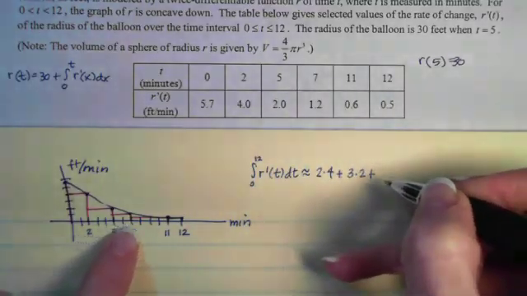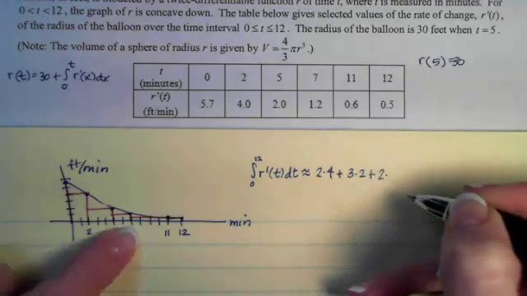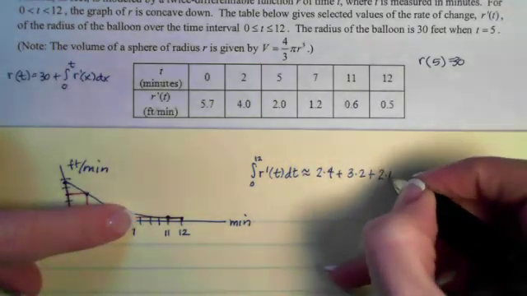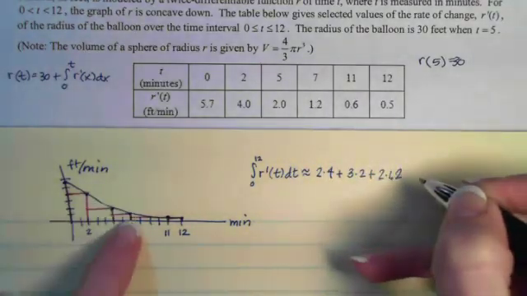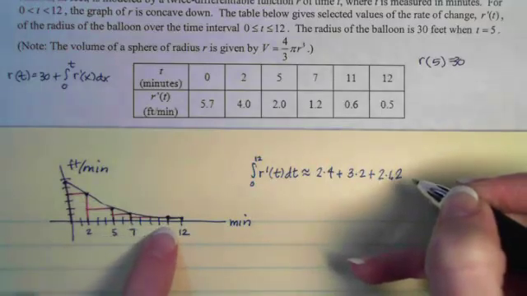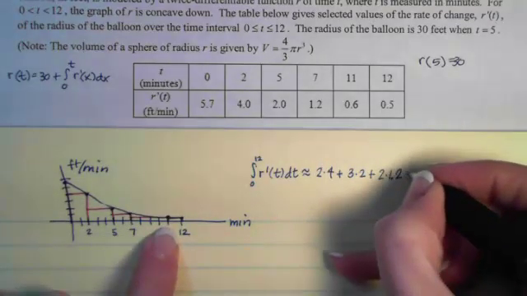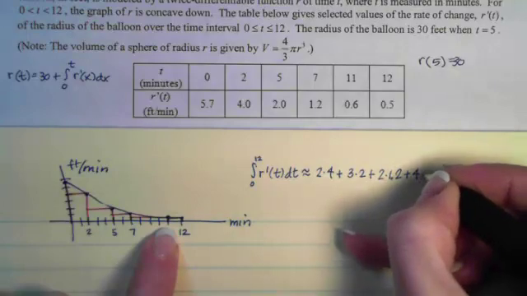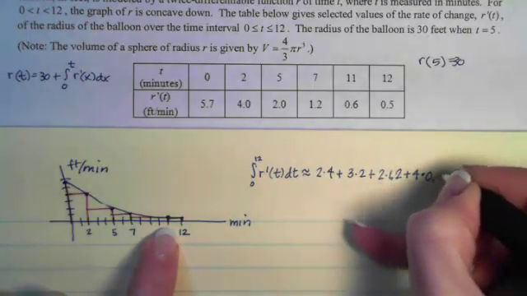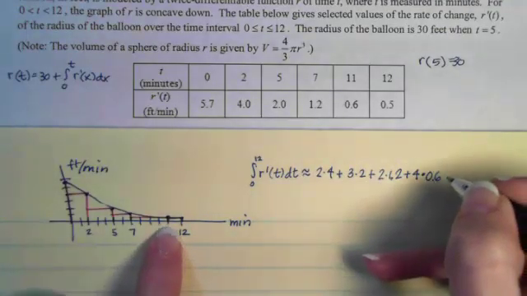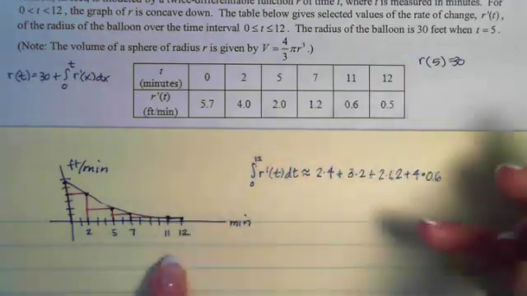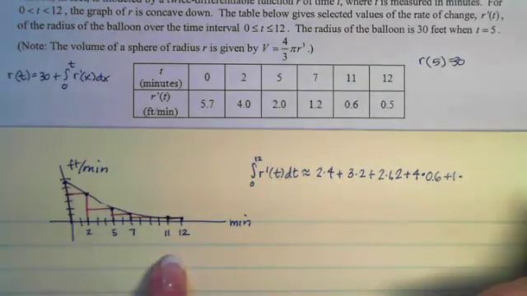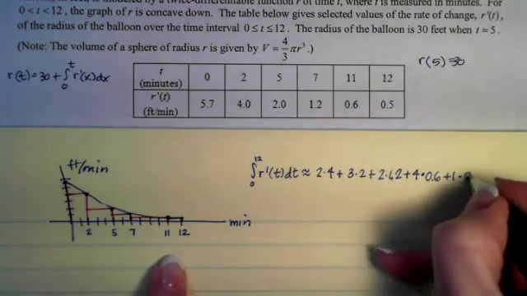The next width is 2, and its height is 1.2. Then the next width is from 7 to 11, which is 4, and its height is 0.6. And then my last right edge, the width is 1, and the height is 0.5.